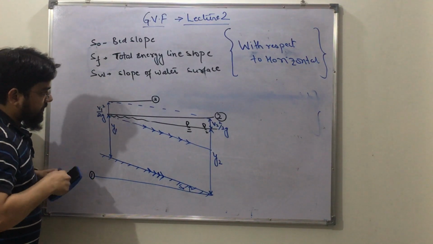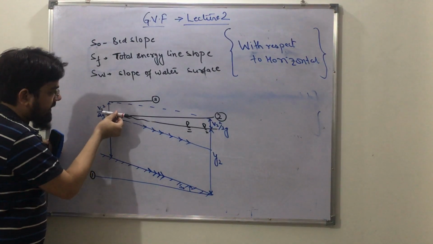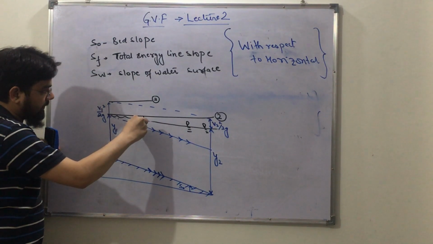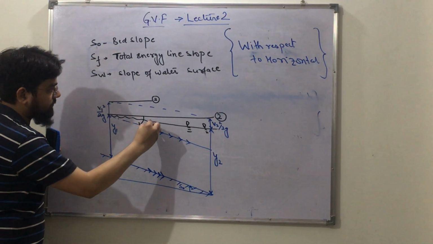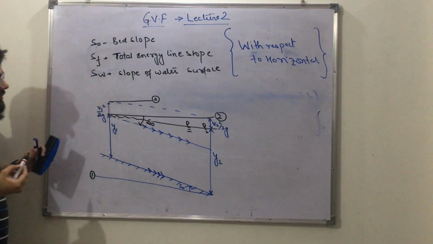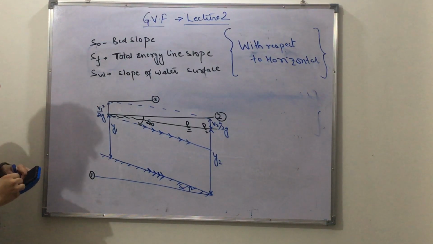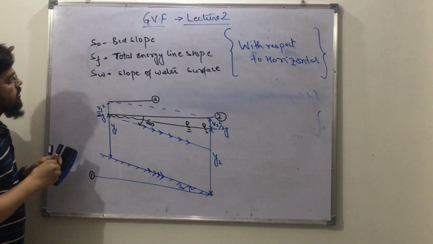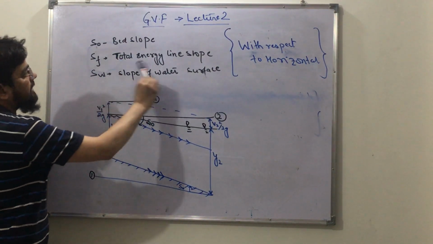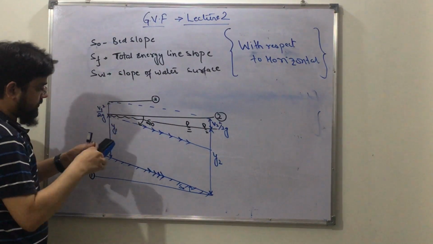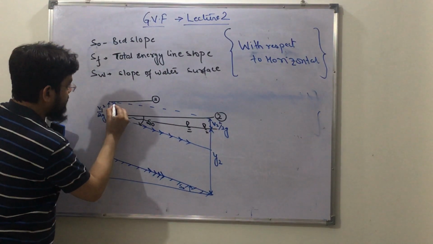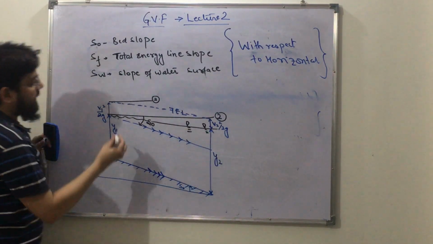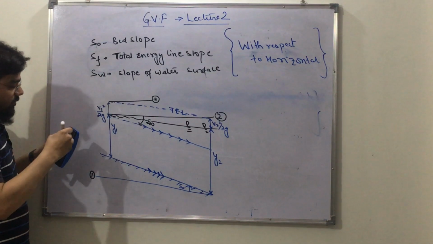So this is the horizontal line and this is the line parallel to bed slope. So this will be S0, a line measured with respect to horizontal line. Also we have this SF, the total energy line slope. This is the total energy line slope, dotted line, and it is also measured with respect to horizontal.